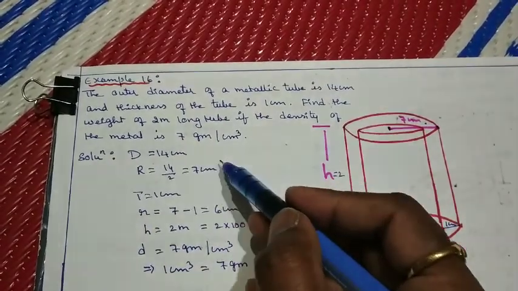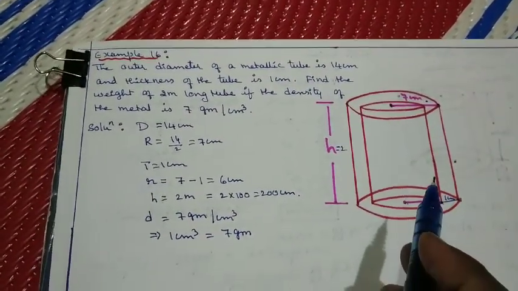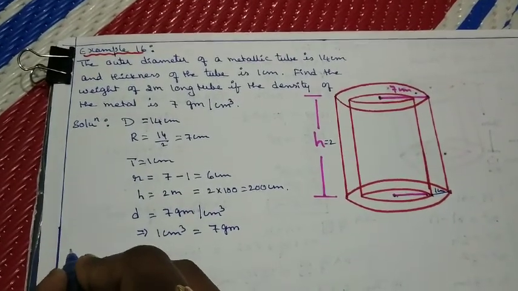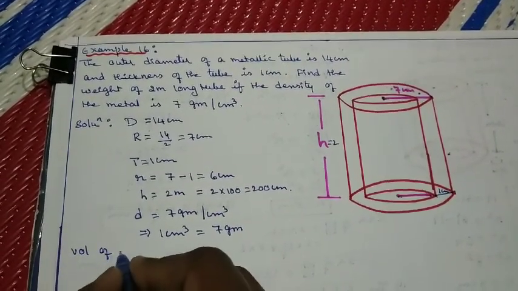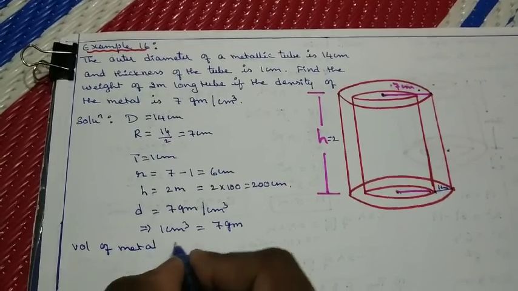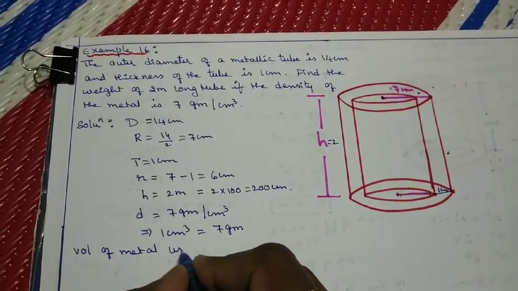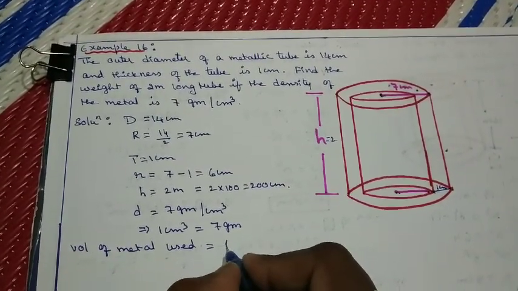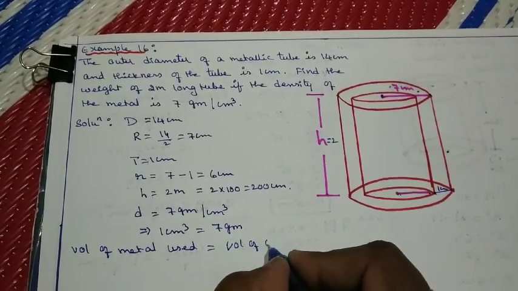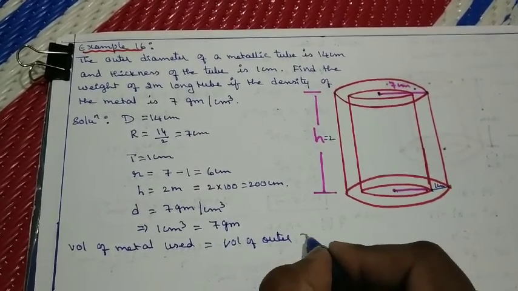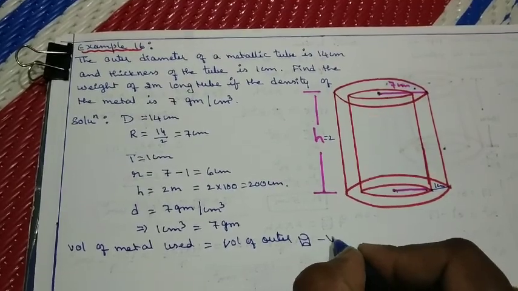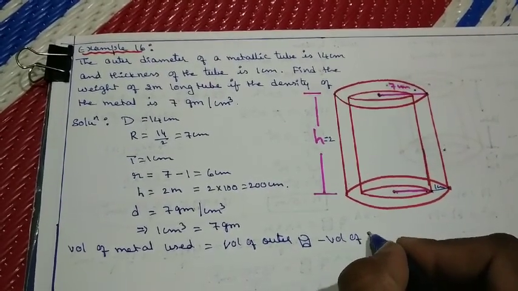So all the remaining units should be in centimeter. It is already converted. Now we need to find the volume of metal used to make this cylinder. So volume of metal used is equal to volume of outer cylinder minus volume of inner cylinder.